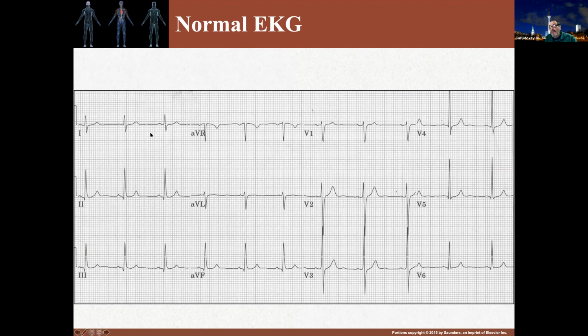So we have lead 1, lead 2, lead 3. These 3 limb leads are all recorded simultaneously. AVR, AVL, AVF are recorded simultaneously, but subsequent to the recording of 1, 2, 3. V1, V2, V3 recorded simultaneously, but subsequent to AVR, AVL, AVF. And then V4, V5, V6 subsequent to V1, 2, 3.